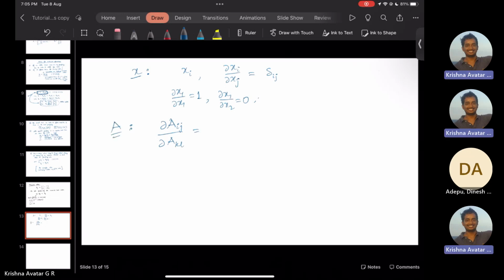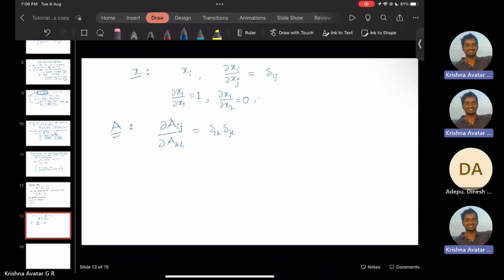In this case, what we see is that this becomes delta ik times delta jl. This will often come across in our forthcoming classes when we are dealing with the deformation gradient, and when we tend to find the displacement gradient, there we'll come across the use of the Kronecker delta again.